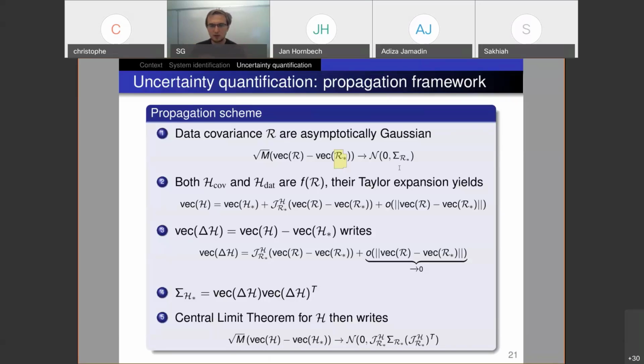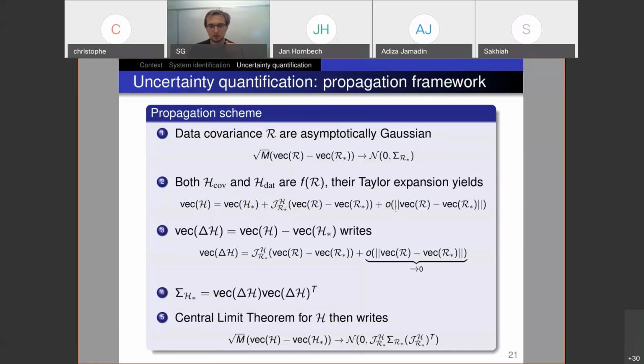Let's say that we write a first-order Taylor expansion for either of them, and here I just denote the subspace matrix for the covariance-driven or data-driven algorithm as H. So let's write a first-order Taylor expansion of H, which is evaluated at its true value. Here, the sensitivity matrix J is a first-order derivative of our subspace matrix H with respect to data covariance sequences R, and O is the rest term of the Taylor expansion.